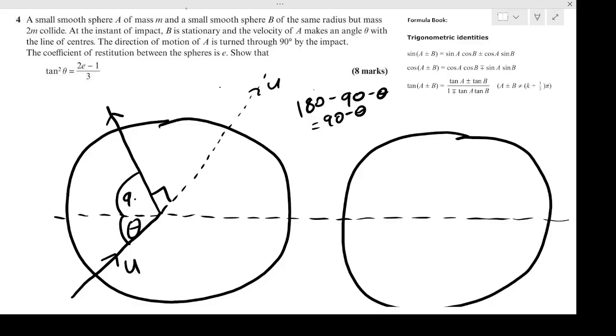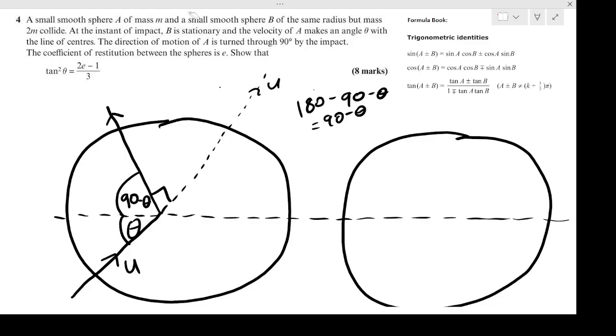Hopefully you're happy with that. Theta add 90 take away theta, add another 90, indeed gets me 180. And hopefully you're happy that this is the angle of deflection, which I'm told is 90, between the two velocities like that.